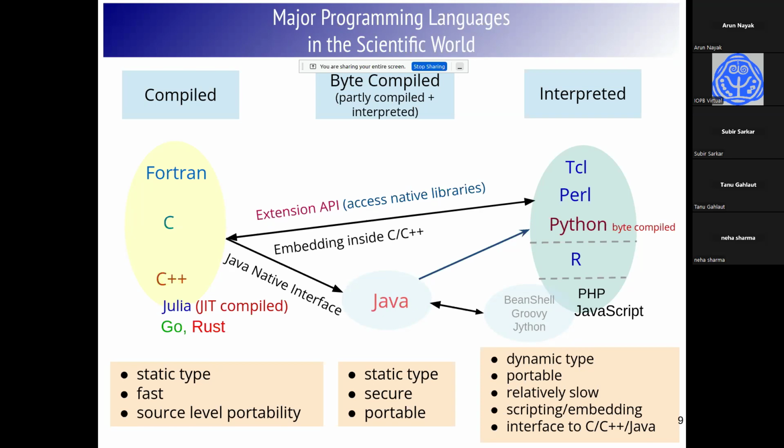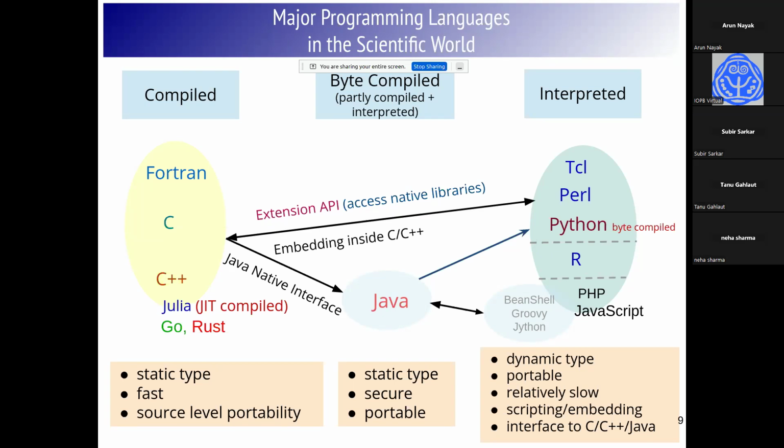We all know that Python is so popular among students, even from the very beginning, because of its simplicity. Julia is also very simple like Python, but it is very fast because it is not byte compiled, it is actually compiled to machine code, and this compilation is called just in time compilation, or JIT.